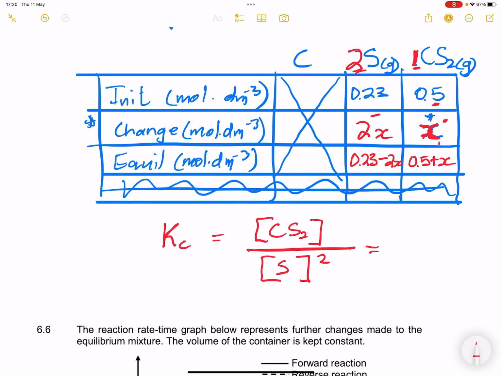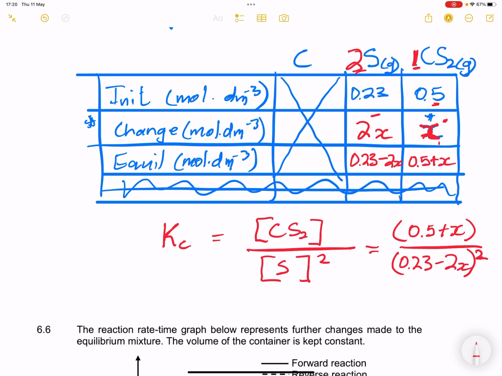Ladies and gents, if you still don't understand this, please go and watch our videos on chemical equilibrium, and I promise you they will heal you quick, fast, and in a hurry. So that will be 0.5 plus x divided by 0.23 minus 2x, and that is squared.